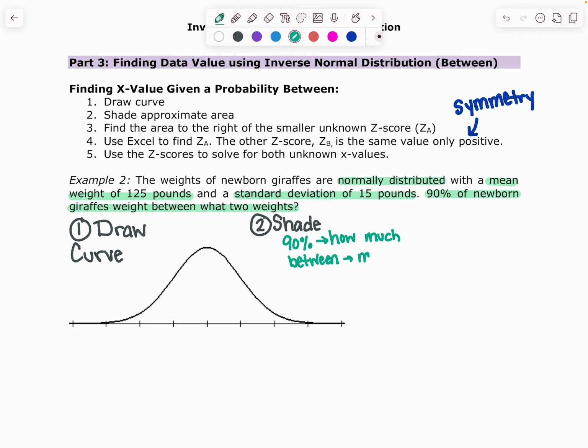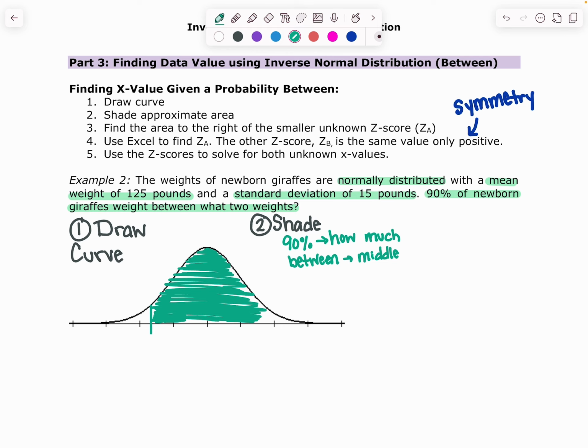So I'm going to shade the middle 90%. Whenever it's between, we're going to start in the middle. So I'm going to come to the middle of my curve this time, and I'm going to shade outward so that I've shaded approximately 90% of my graph, and I want it to be even on both sides.